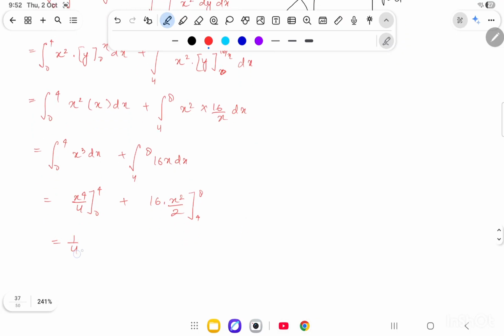So this is 1 by 4 into 4 cube minus 0, plus 8 into 8 square minus 4 square. That is 4 square, that is 16, plus 8 times 8 square, that is 64, minus 4 square, that is 16. So it is 16 plus 8 times 64 minus 16, which will be 48.